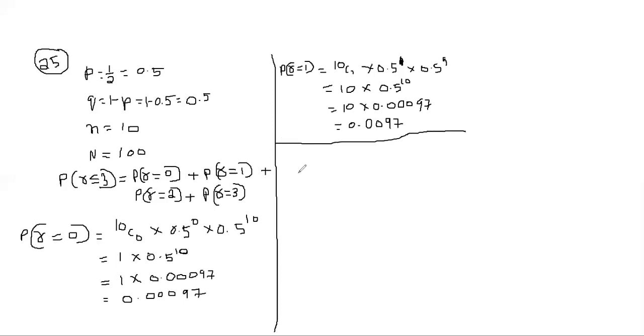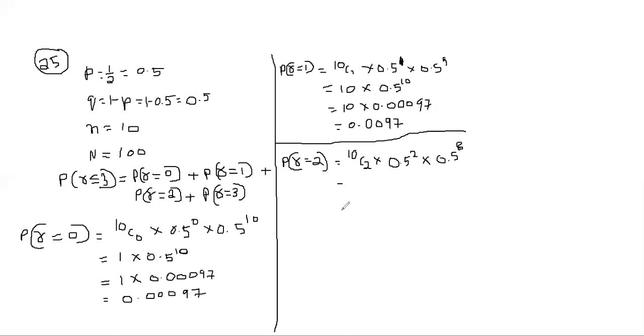Next, P of R equal to 2 is equal to 10C2 into 0.5 raised to the power of 2 into 0.5 raised to the power of 8.